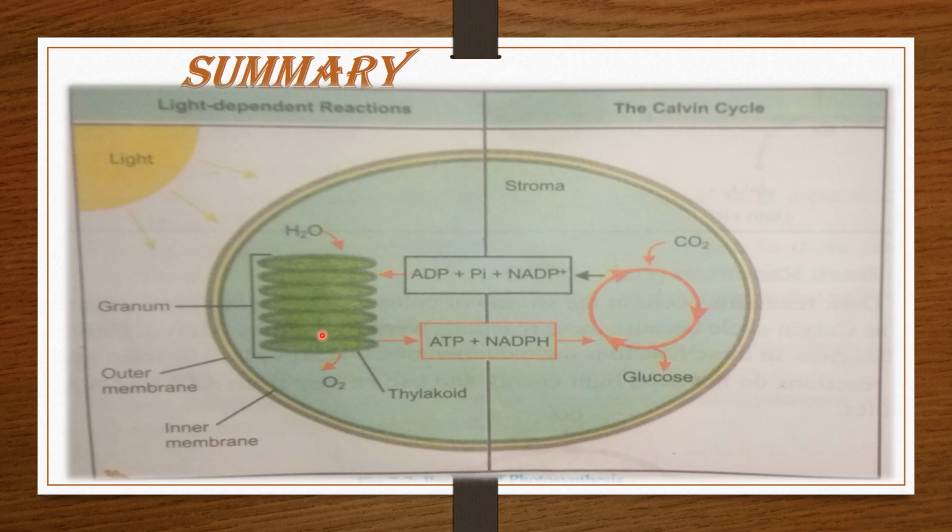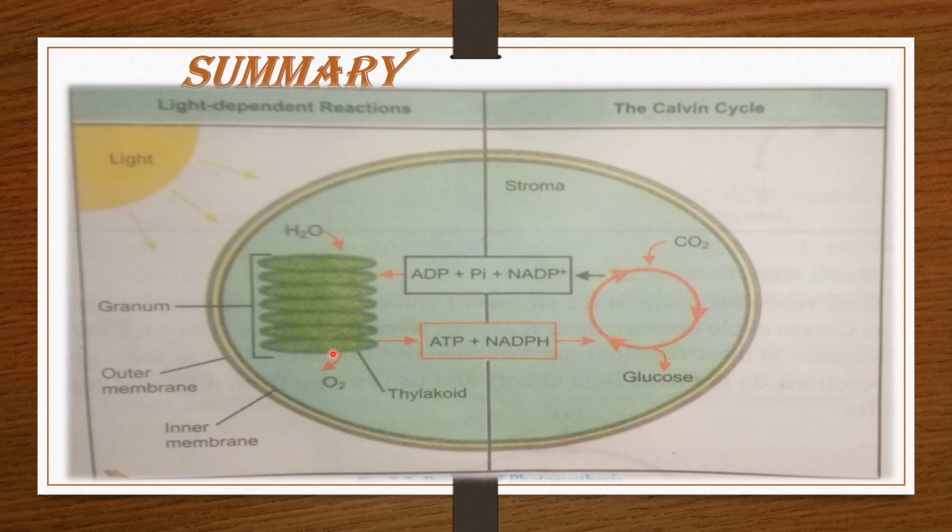This is one granum. After the inner membrane, H2O comes, ADP and Pi come, and ATP is produced. ADP plus one inorganic phosphate come from the dark reaction. H2O is present in the leaves already.